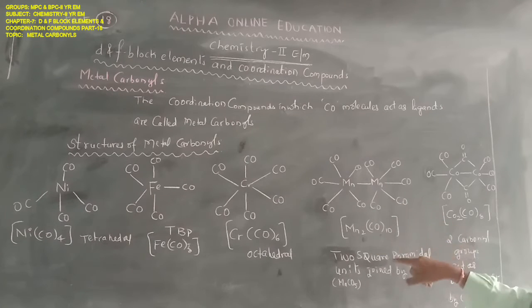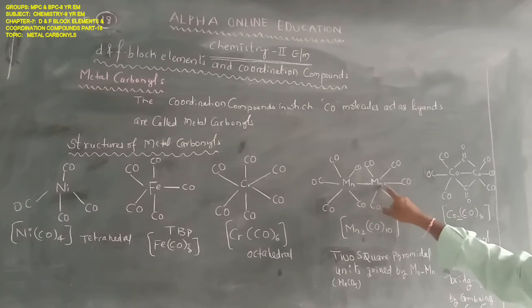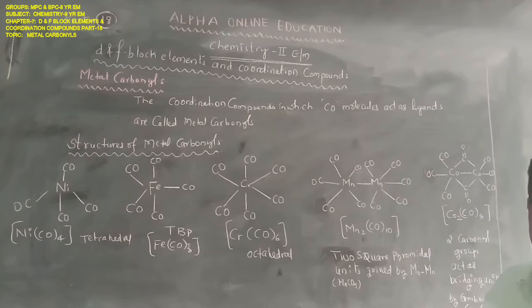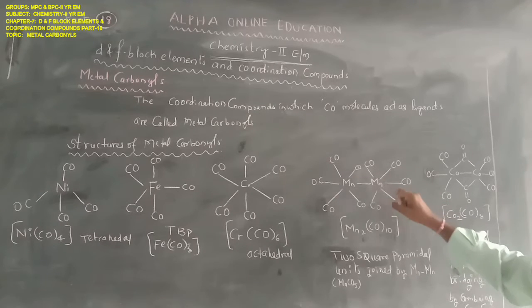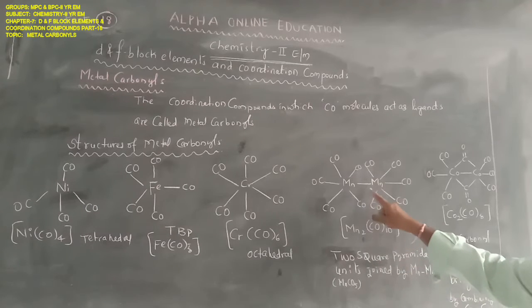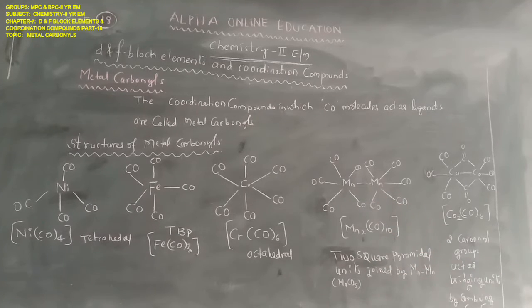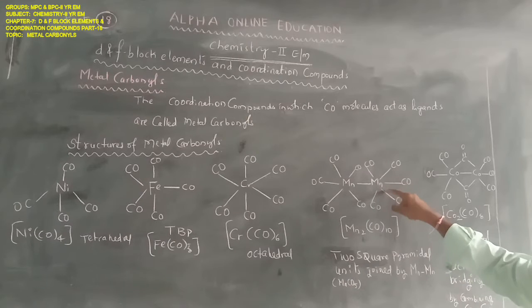In this there are two metal atoms, and a metal-metal bond exists in this complex. Two types of bonds exist here. The complex has two square pyramidal units, each Mn(CO)5, pentacarbonyl manganese.